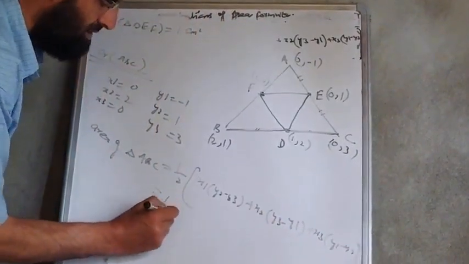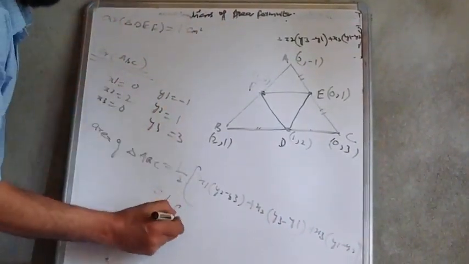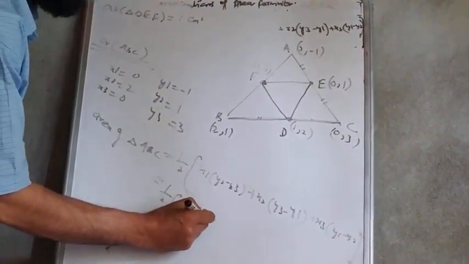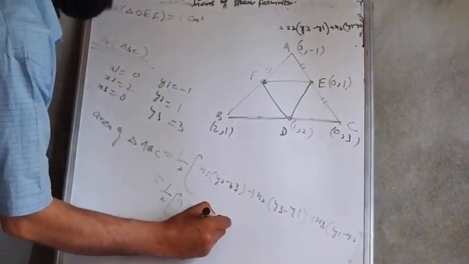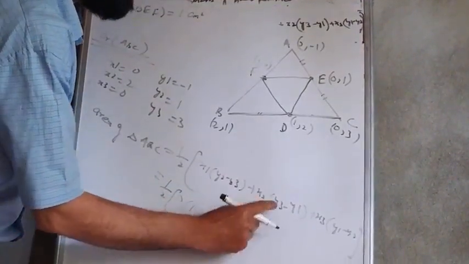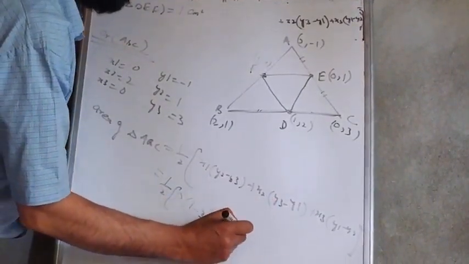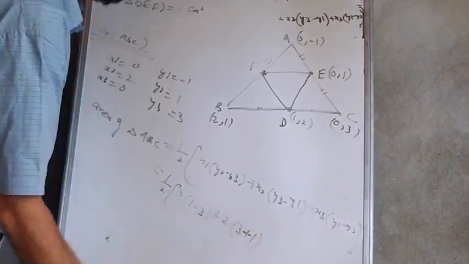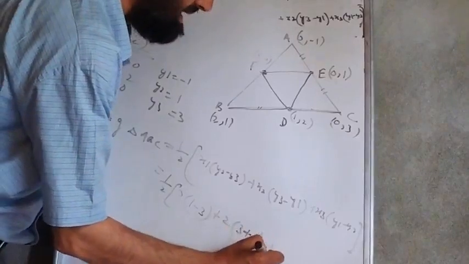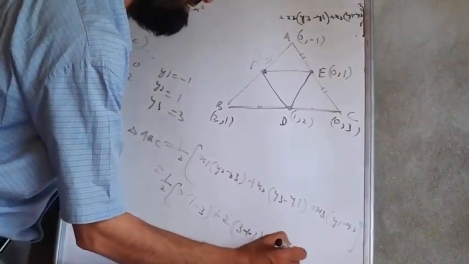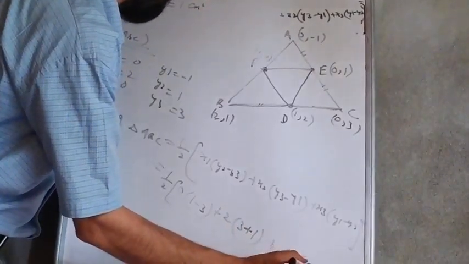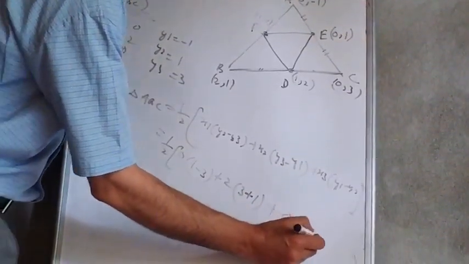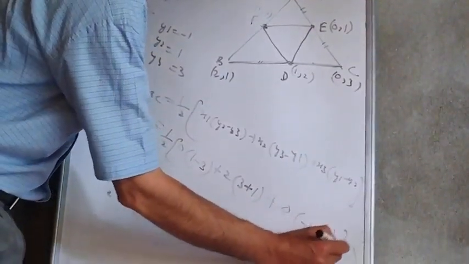So this is 1 by 2, x1 is 0, y2 is 1 minus 3 plus x2 is 2, y3 is 3 minus minus 1, that's plus 1, plus x3 is 0 again, y1 is minus 1, minus y2 is 1.